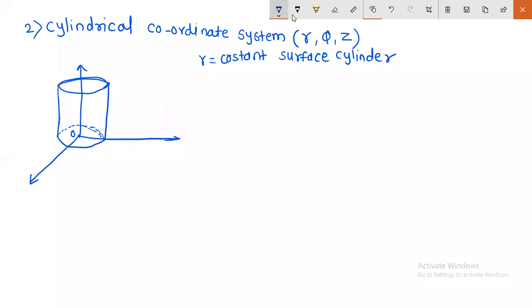So consider the x-axis, y-axis and z-axis. So this is your cylinder now.